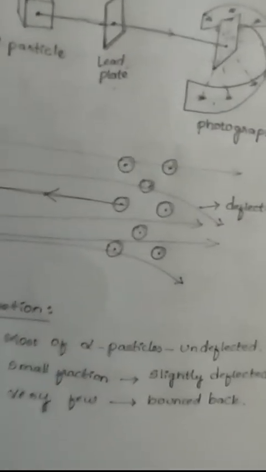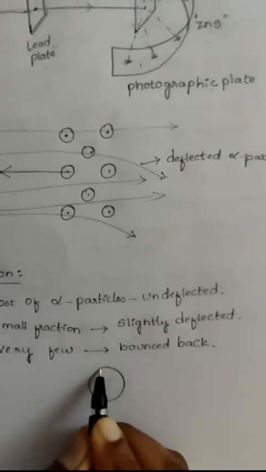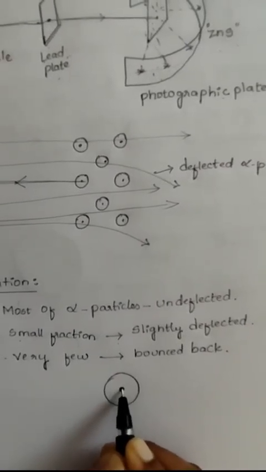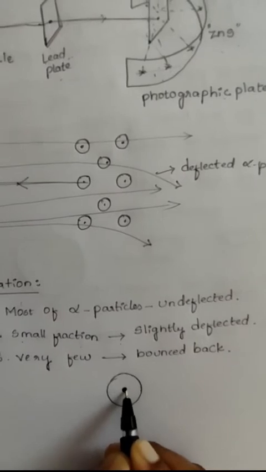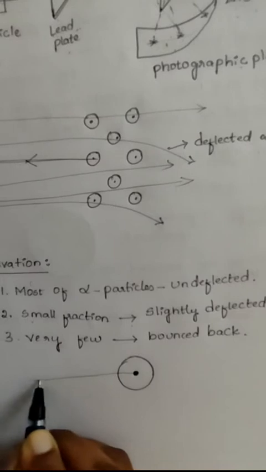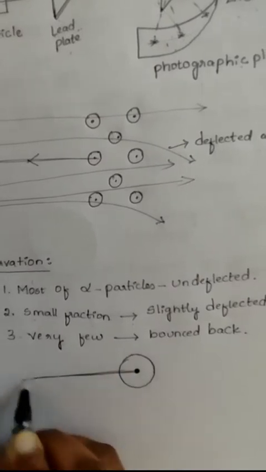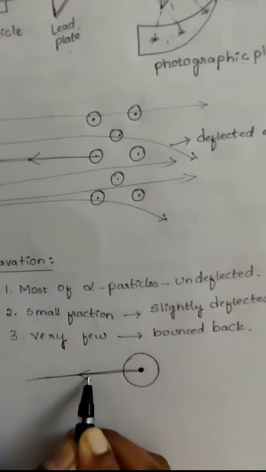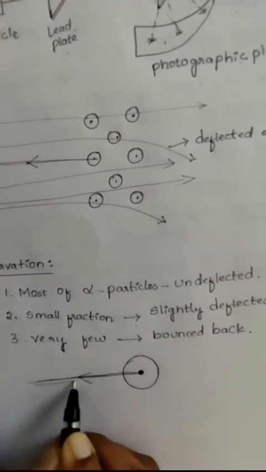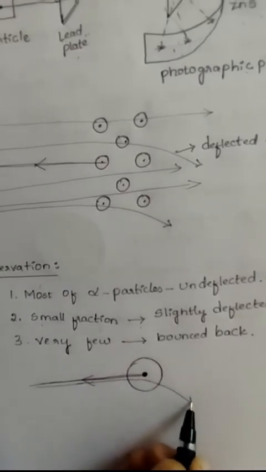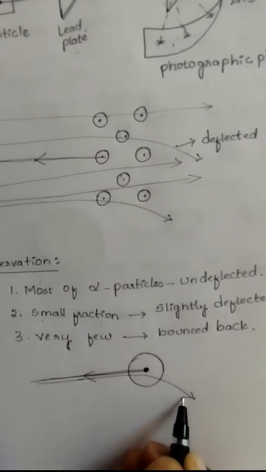See, if this is the atom, the positive charge must be concentrated in a small volume, which causes the alpha particle to bounce back completely, and due to repulsion, it also deflects the alpha particle.